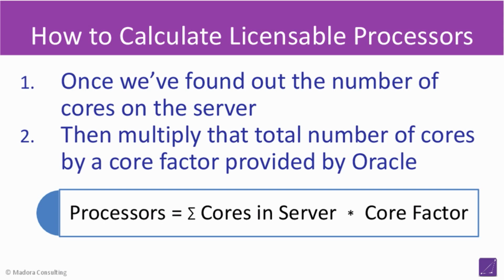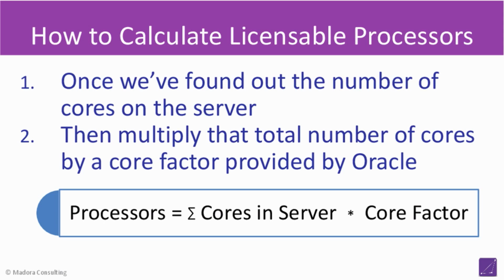Now, there are some other older servers with perhaps some HP RISC chips, for example. They'd have a core factor of 0.75. So that gives us a requirement for 3 processor licenses for this 4-core server. And there are some core factors of 1. So a 4-core server will need 4 processor licenses in total, IBM Power 7, for example.